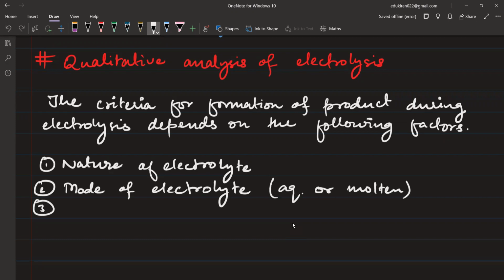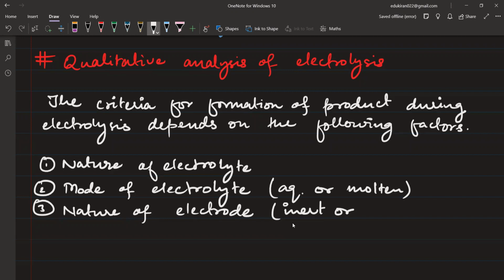Third, nature of electrode. It can either be inert or it can be active. Fourth, concentration of solution.